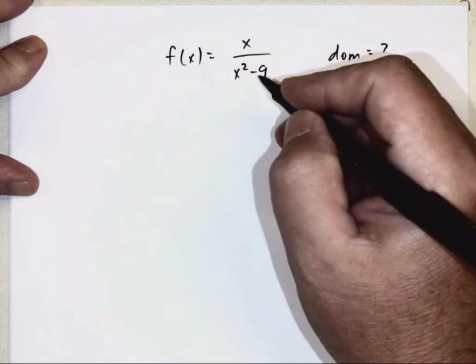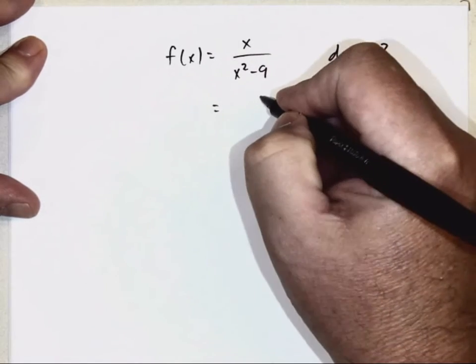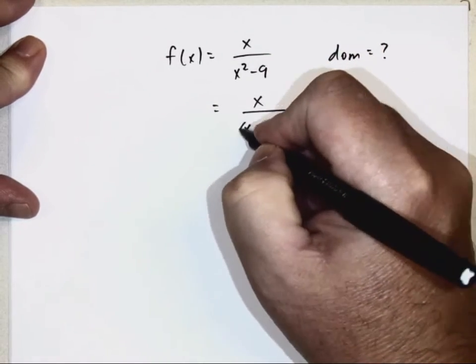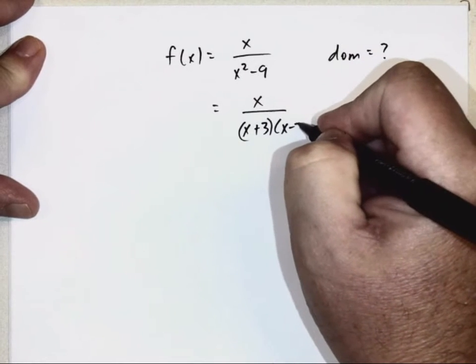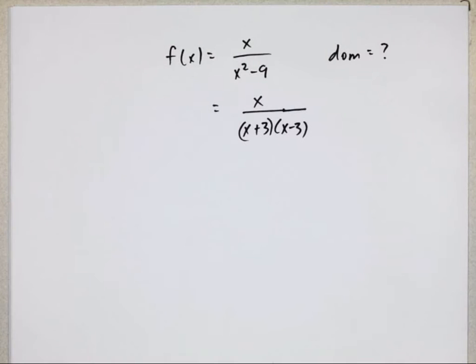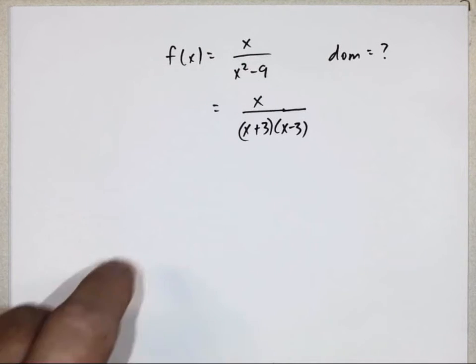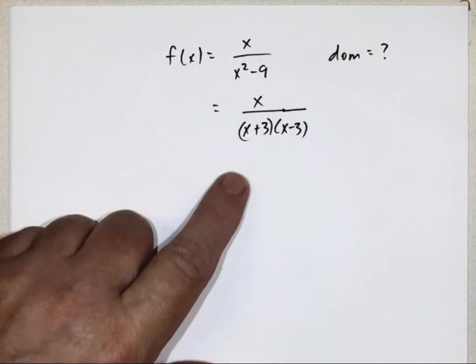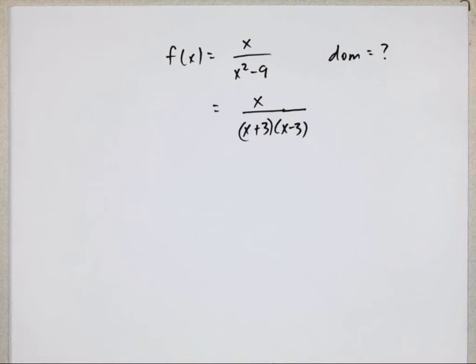Sometimes what I have to do, and in this case it's true, in order to figure this out, I actually need to factor this. This is a difference of squares. So when I factor it, I end up with x over x plus 3 times x minus 3. Now, once again, my main concern is I've got to make sure the denominator never equals 0.